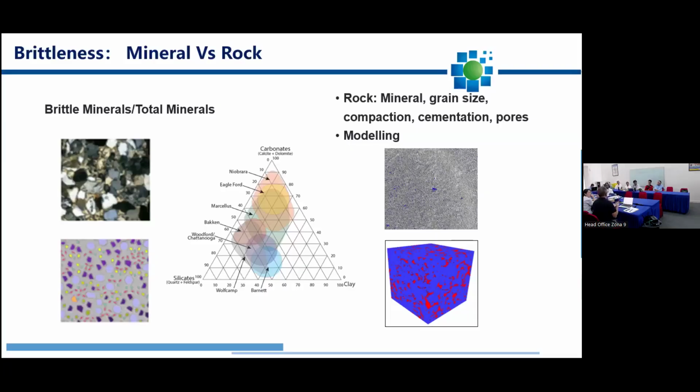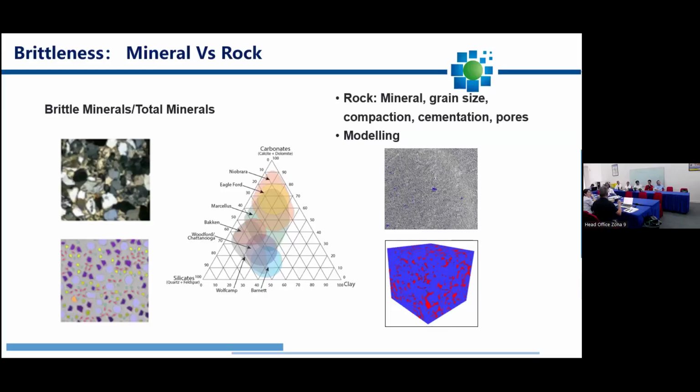The catch is what type of mineral you have in the rock. It is of course critical, but that's just part of the information. For the same type of mineral, if you just add them together, they may have different brittleness, or the rock strength will be different.